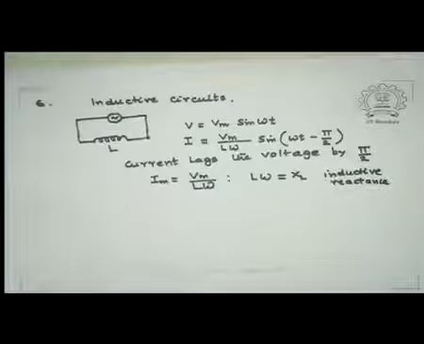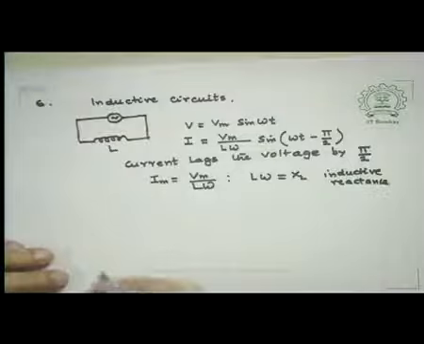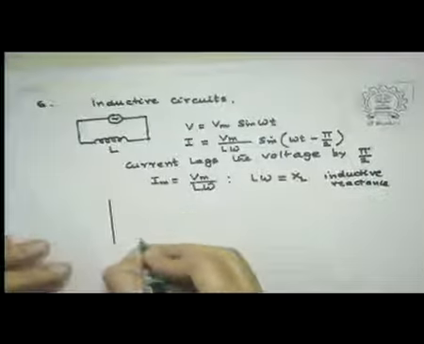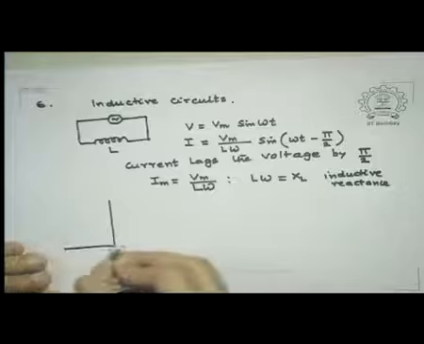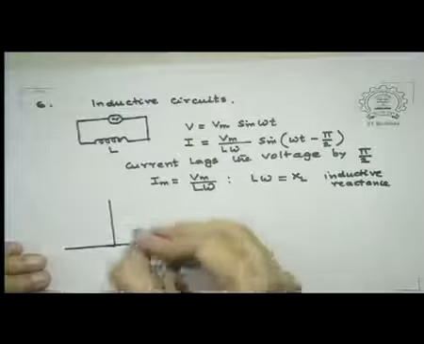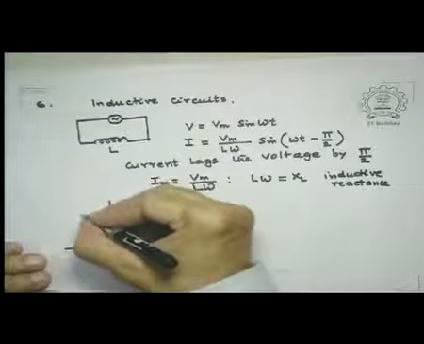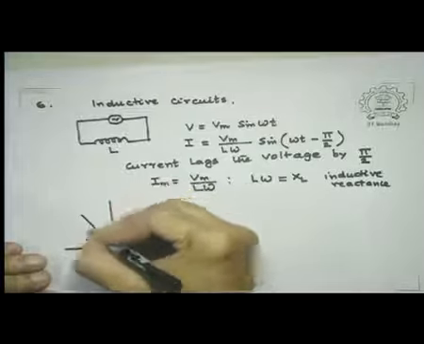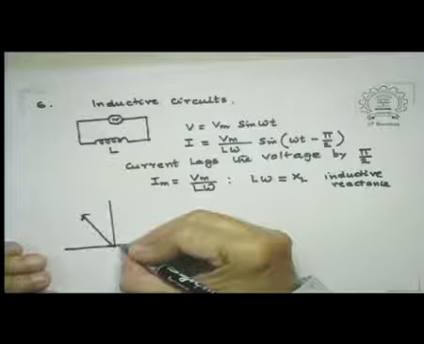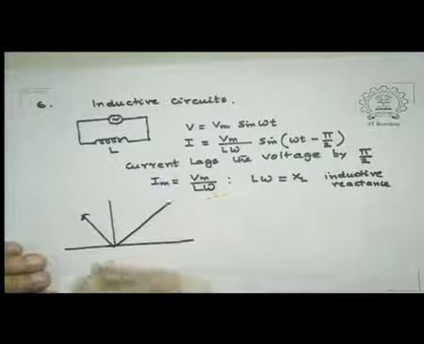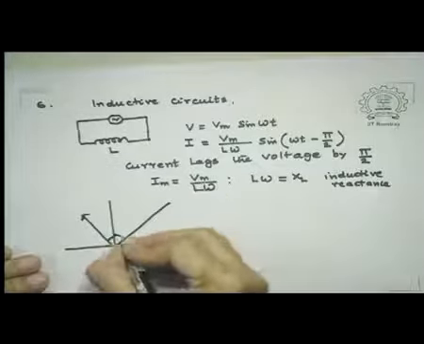Which goes linearly with the frequency, and if you are looking for a corresponding phasor diagram for this, then if this is where your voltage is, then the current would be in the preceding quadrant.